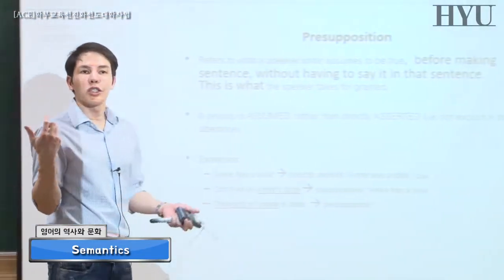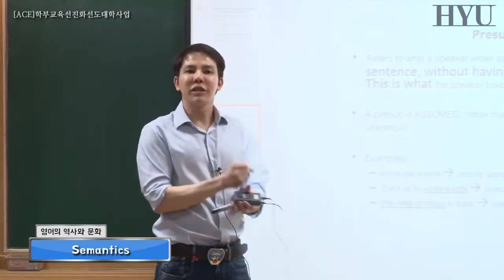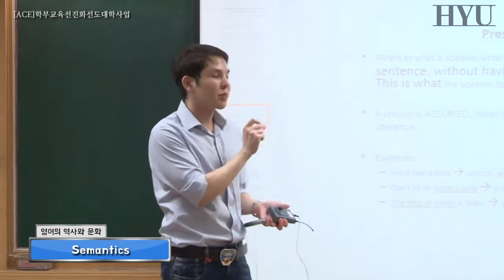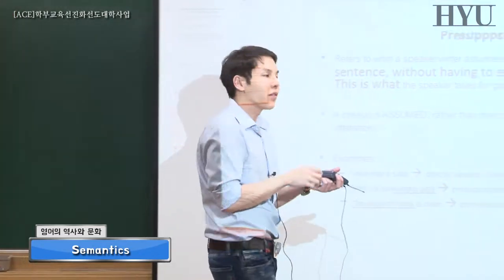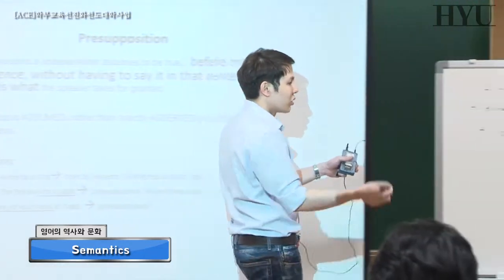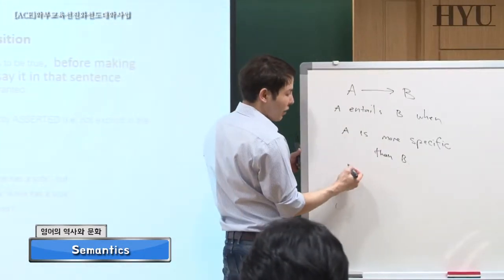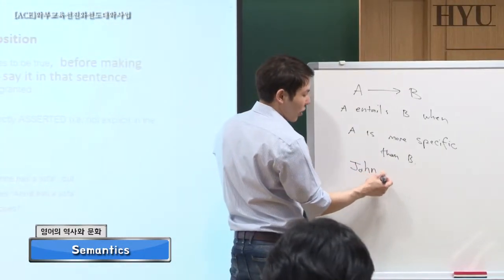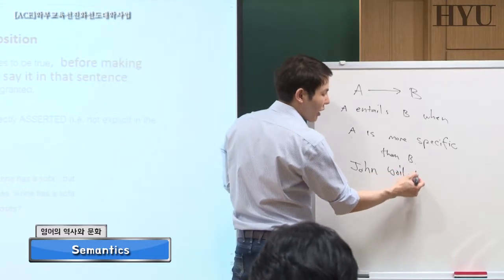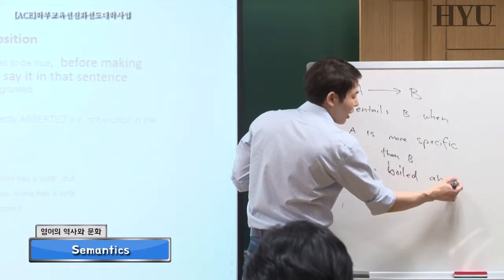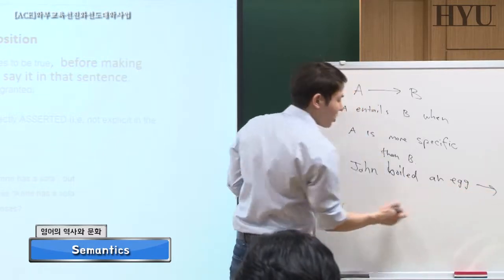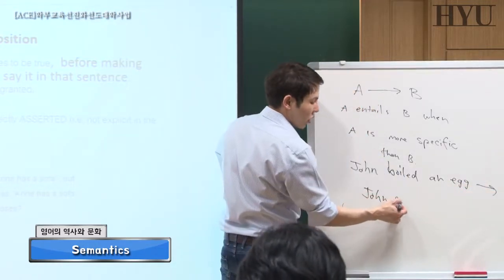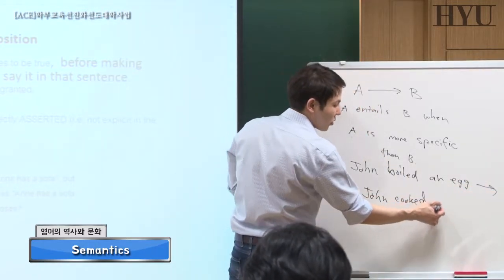There's this observation that when A entails B, A is more specific than B. The meaning of A is more specific than B. So we said, for example, that if John boiled an egg, it entails John cooked an egg.